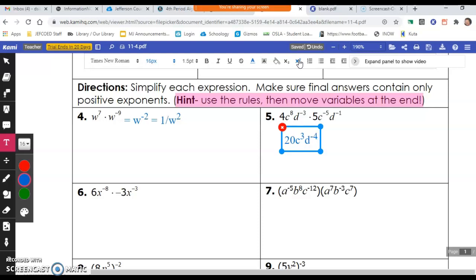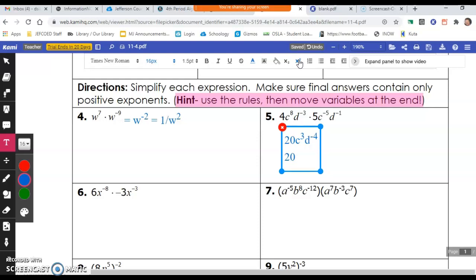So we did the product rule there and combined our exponents. Now we simply have to look at what values are raised to a negative exponent. Which of these values is only raised to the negative exponent? Just the d. We're going to write that as a fraction where it's represented as less than 1.